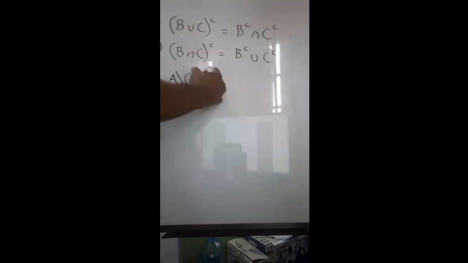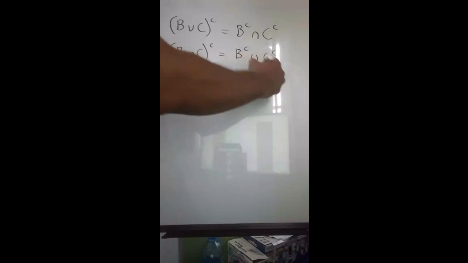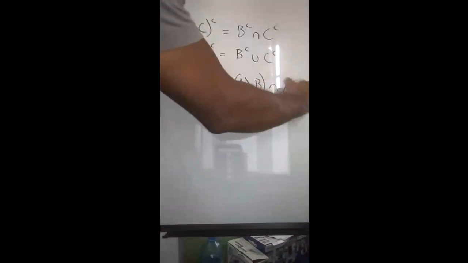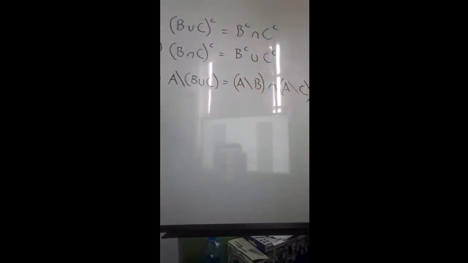You should have seen these somewhere, but you might not have seen these. It's the same thing: union, you have intersection now. And number 2 can be written like this. I'll explain them afterwards.